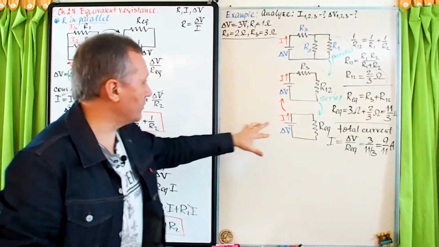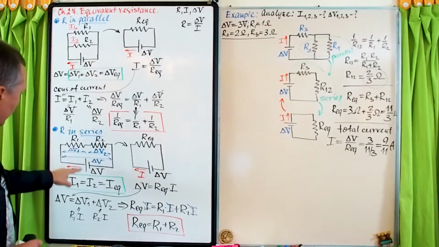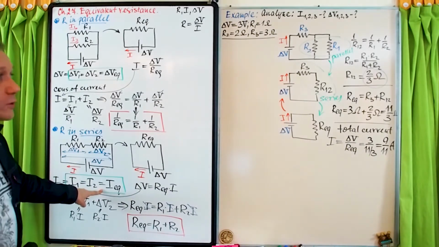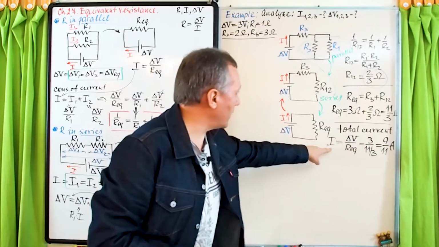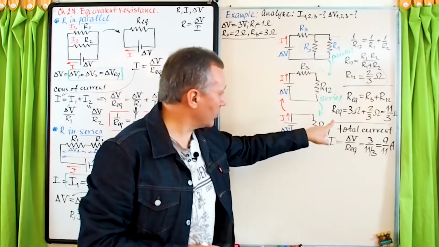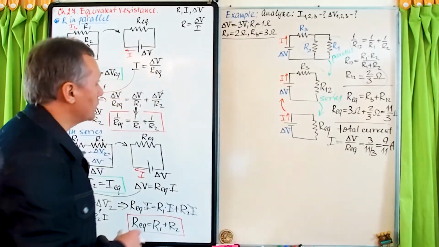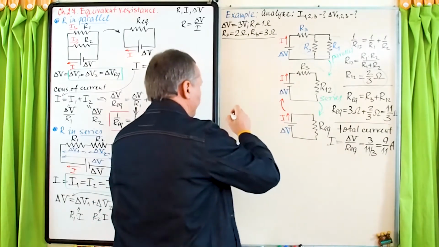What is the same between R equivalent and resistors connected in series? In this case, currents. We know this total current I, which flows also through R equivalent, so this current will be equal to the current through that and that. So let me write that bridge.